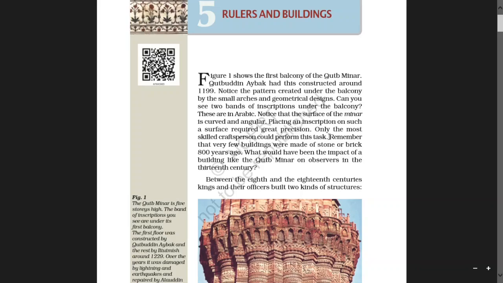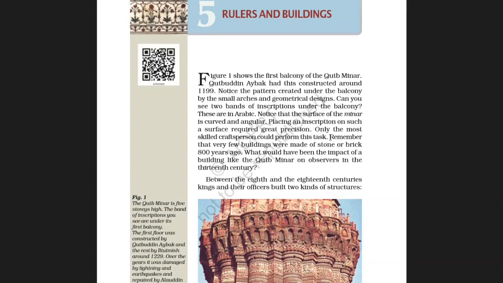See, only an expert, a well-known person, that means the most skilled person in crafts, could perform this task. A craftsperson is a person who makes objects by hand.